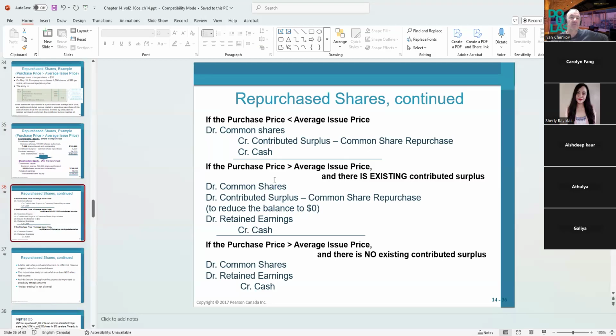If you're purchasing for more than what you got and you have contributed surplus, wash out the contributed surplus and bring it to zero. And if you still have a difference, use the retained earnings. And if you purchase above the average price and there's no existing contributed surplus, take everything from the retained earnings. Process it. I'm going to let you have a break, however long you want.